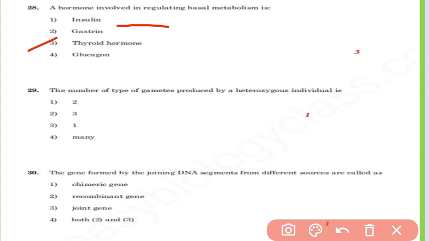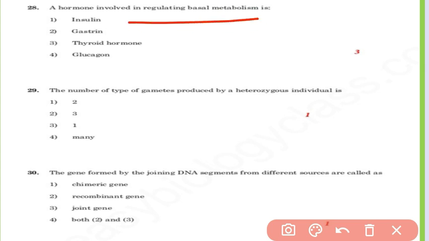This gastrin hormone is released by the G cells in the pyloric antrum of the stomach, duodenum and pancreas. And glucagon is secreted by alpha cells of the pancreas. It raises the concentration of glucose and fatty acids in the bloodstream and is considered to be the main catabolic hormone of the body. So option third is the answer of this question, that is thyroid hormone responsible for regulation of basal metabolism.